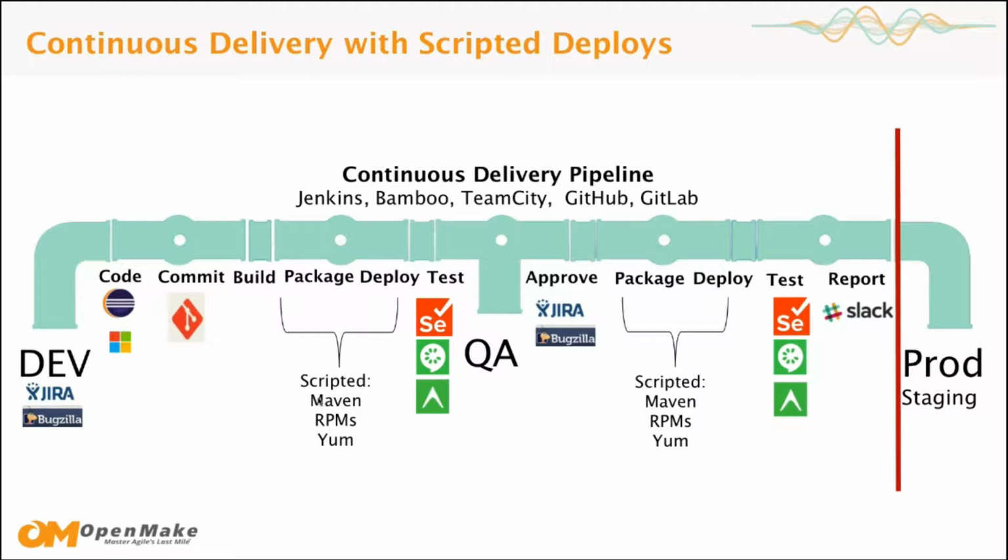So across this whole pipeline, we have a disjointed process. Nothing is repeatable, nothing is standardized, and that's causing staging to occur and production control to pull changes from staging, instead of the continuous delivery pipeline automatically moving them from development all the way out to production seamlessly.